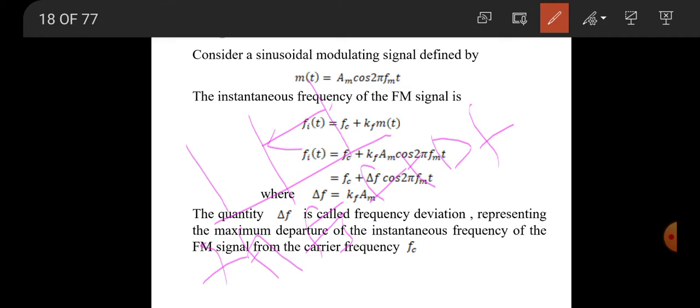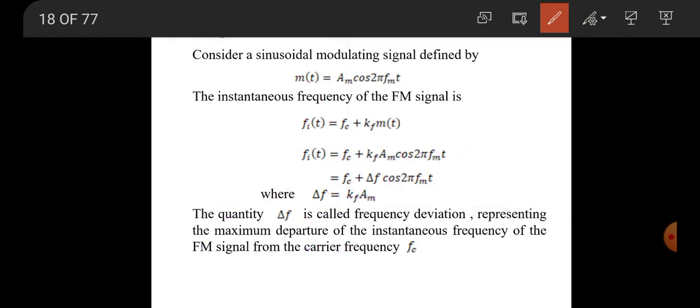So del f is called frequency deviation. This represents the maximum departure of the instantaneous frequency of the FM signal from the carrier frequency.